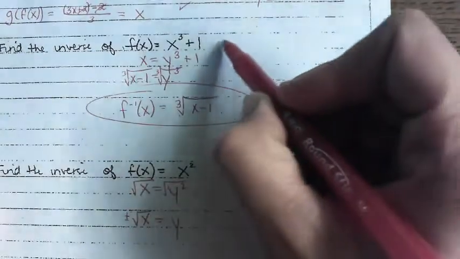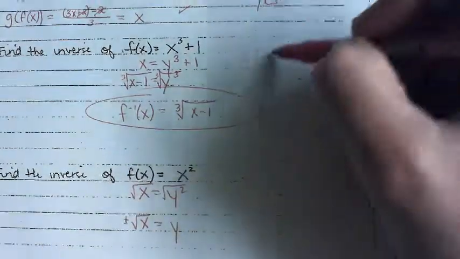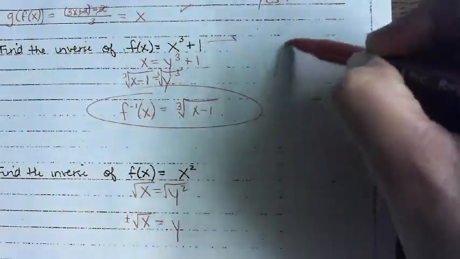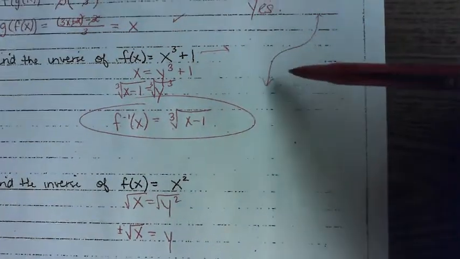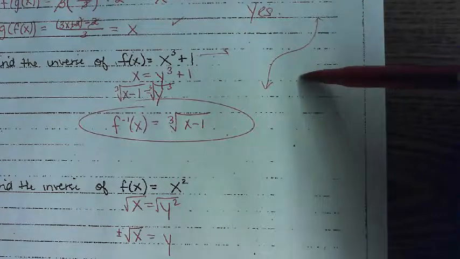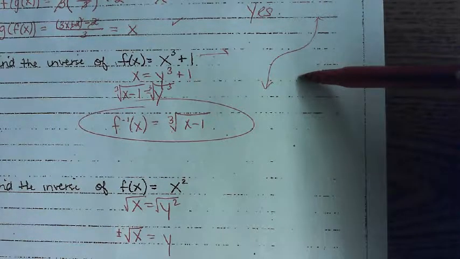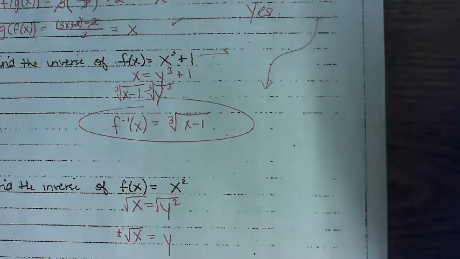If we go back to this original function, which looked something like this, we can say that this is a one-to-one function. We did that last year, one-to-one functions. I'd be impressed if you remembered what it was, though.